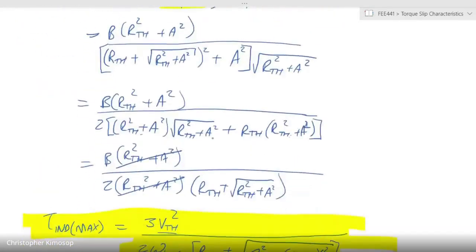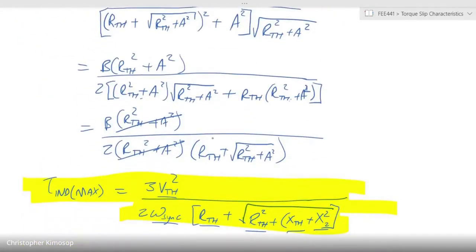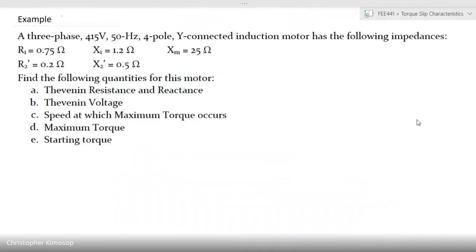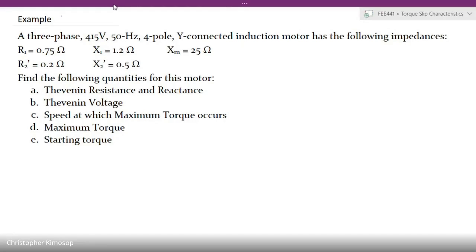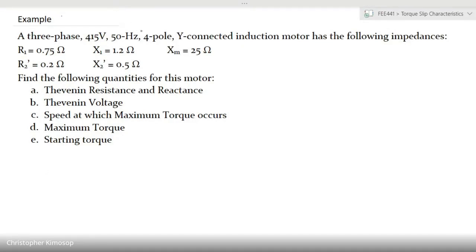So I think to wind up, it is almost there. Let's look at one example of the applications of how maximum torque and Thevenin resistance can be made use of. So we just have a look at that example. We have a 3-phase machine.